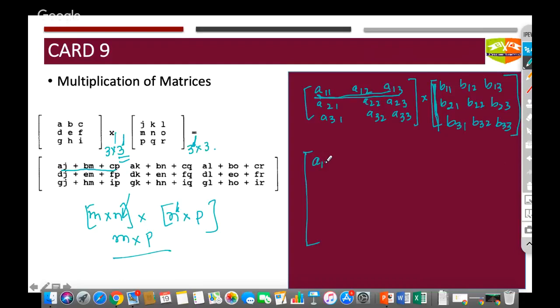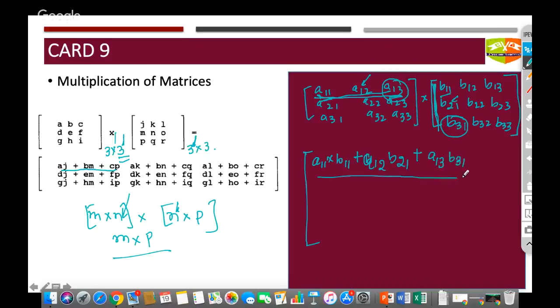So I multiply A11 into B11, first term and first term. I take the second term in the row and multiply the second term in the column and add here. So A12 into B21, plus I take the third element in the row and here the third element in the column, so A13 into B31.